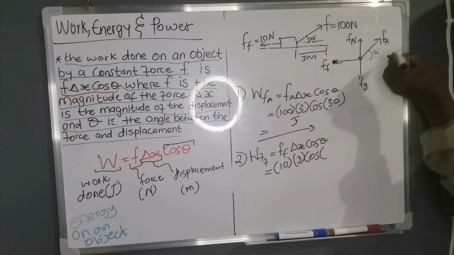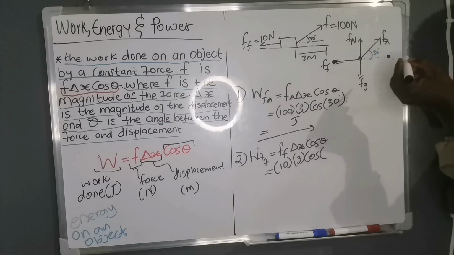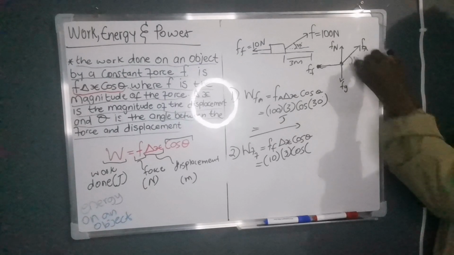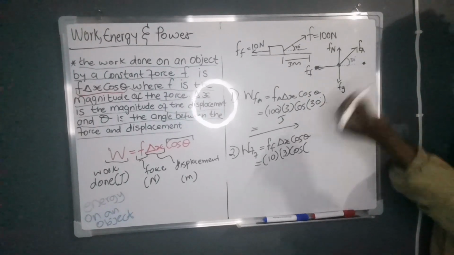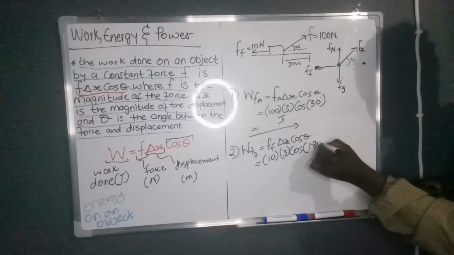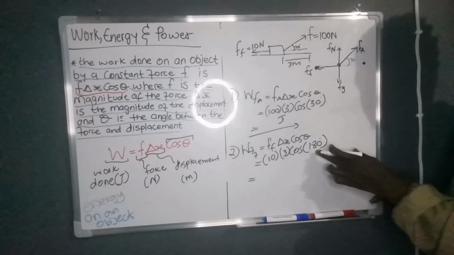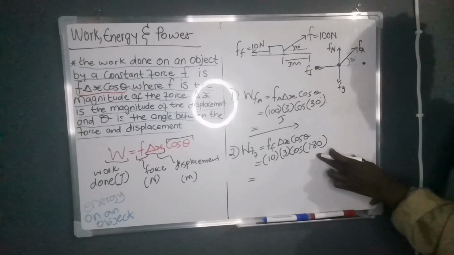The angle is 180 degrees. If you measure this angle with a protractor, it's 180 degrees. That's how you will know which value to put for theta.